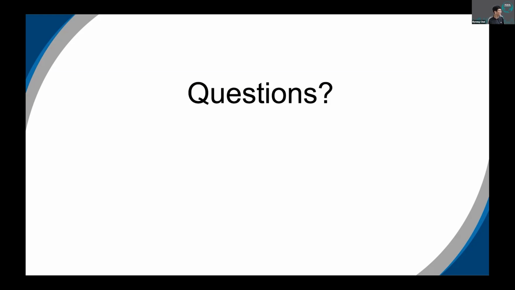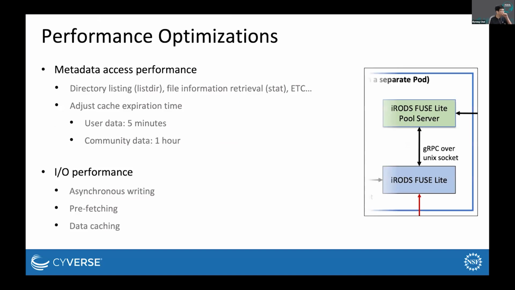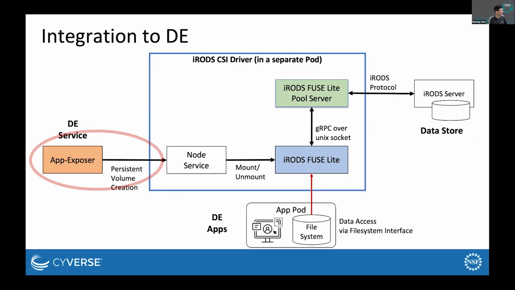I have a question. Illyoung, is there anything in the iRODS server that would help simplify this implementation or the CSI driver? Is there anything that we can do in the iRODS server that you would like to see changed that would help with this implementation? Yeah, actually the ftruncate API is the one I need.